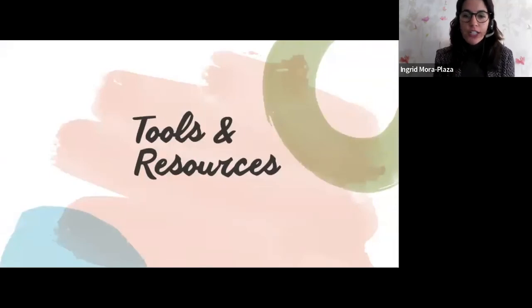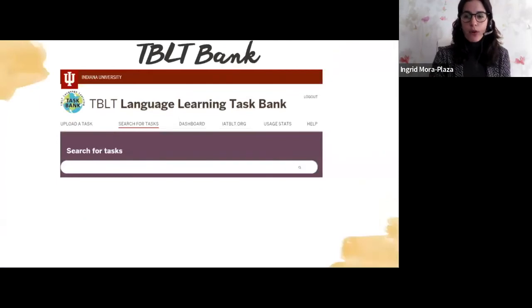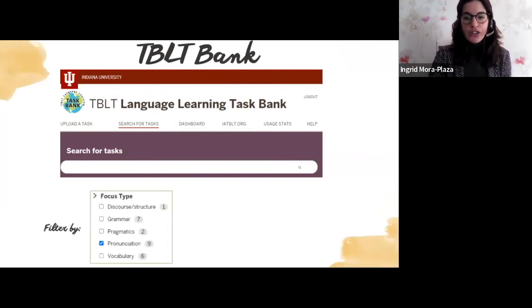So before closing this seminar, I would just like to share with you some tools and resources that I find very useful as a teacher of a second language pronunciation. For example, the TBLT Bank is a fantastic repository full of tasks where you can actually filter by focus type.